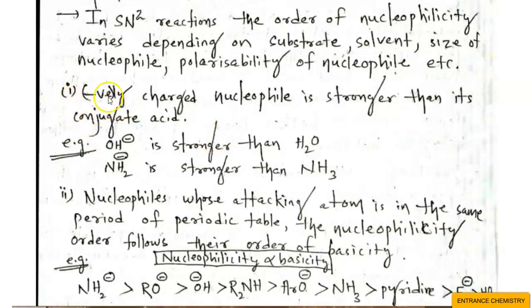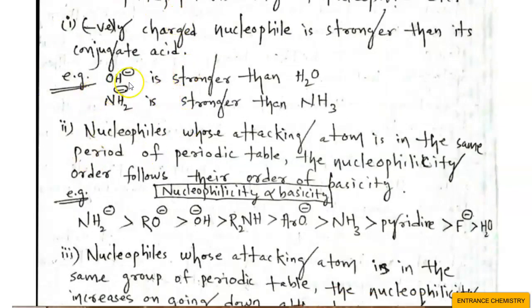The first condition is negatively charged nucleophile is stronger than its conjugate acid. Example is here, OH minus is stronger than H2O. So what will be the reactivity? OH minus will be more reactive than H2O.